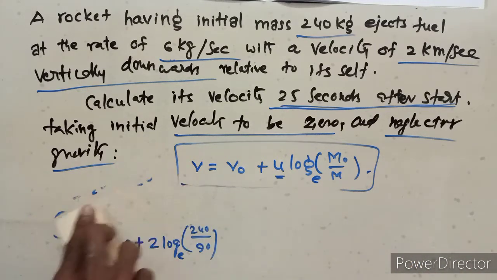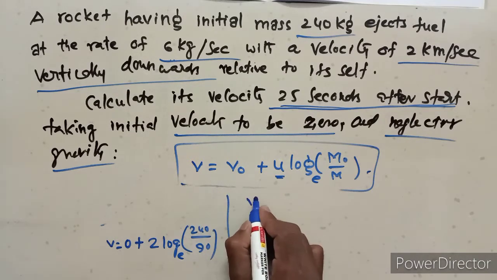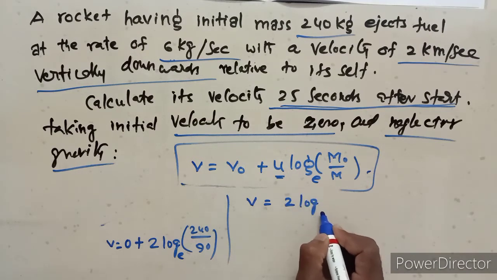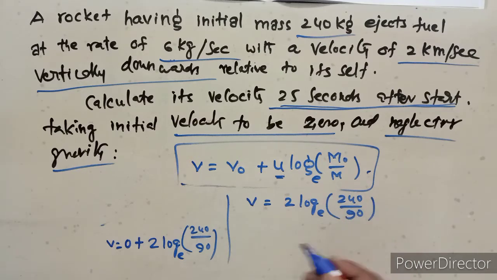So the values are substituted in this equation. V equals 0 plus 2 log to the base e of 240 upon 90.